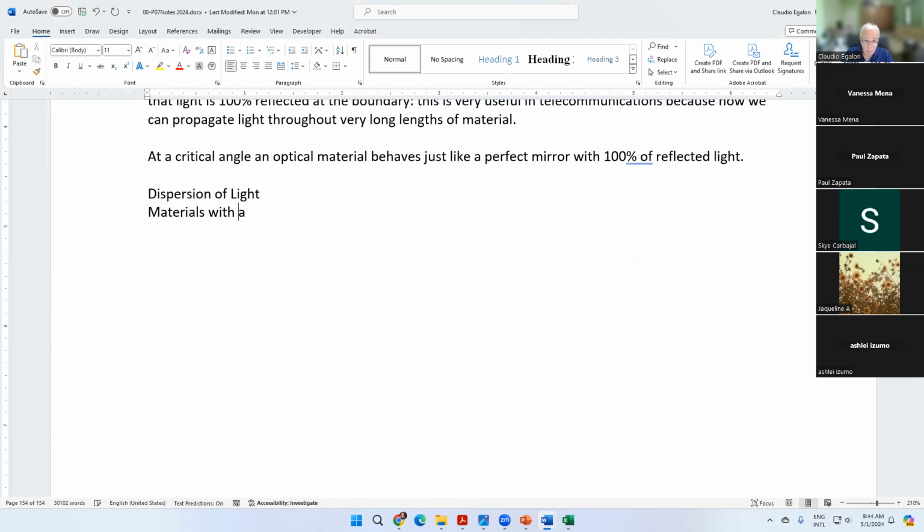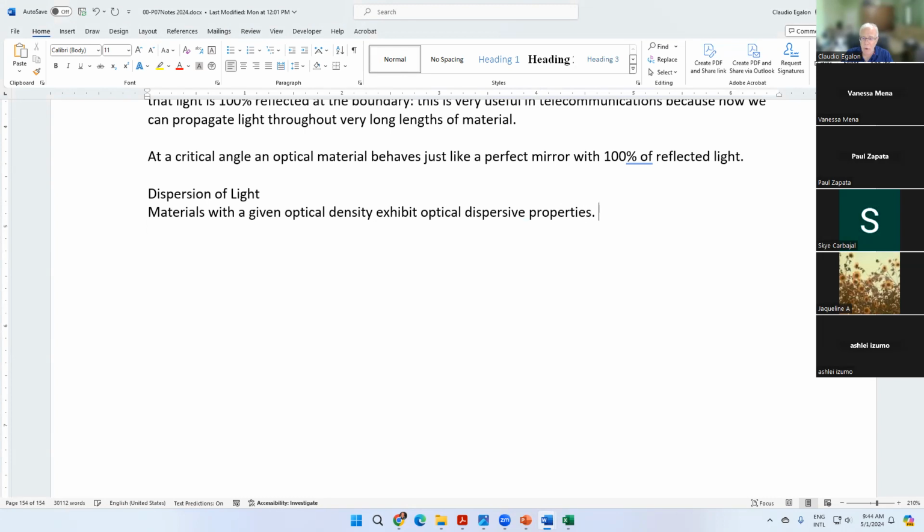Materials with a given optical density exhibit optical dispersive properties.